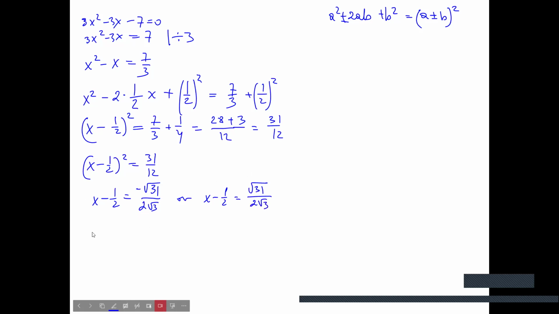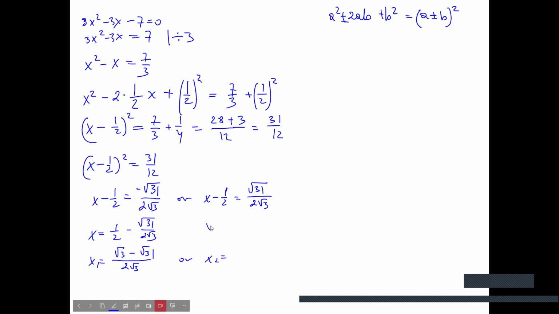Now, x is what? 1 over 2 minus. So x with common denominator 2 square root of 3, and I have square root of 3 minus square root of 31. That's the first root.